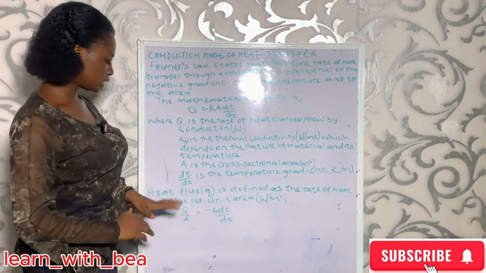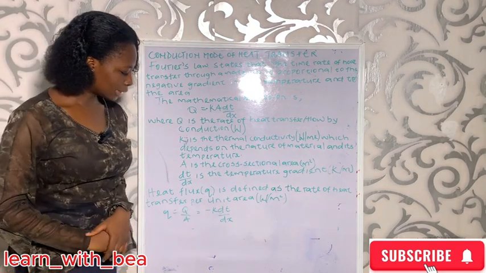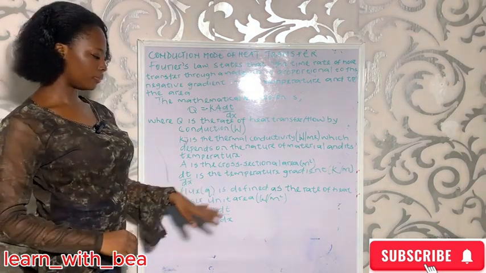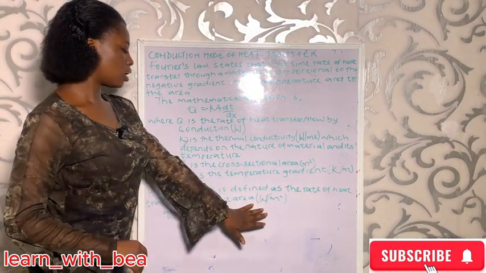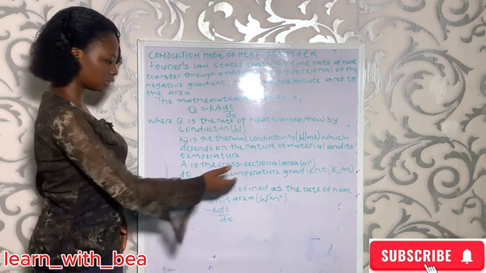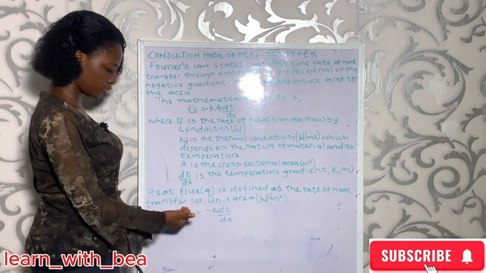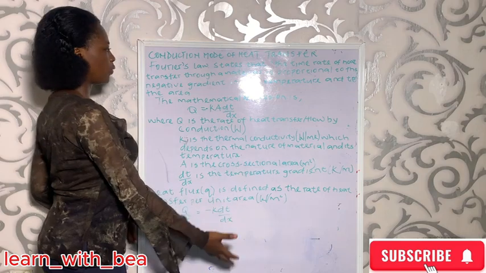We also have our heat flux, which is small q, and it is defined as the rate of heat transfer per unit area. The unit is watts per meter square. So q equals Q over A, which is going to give us minus k dT over dx.